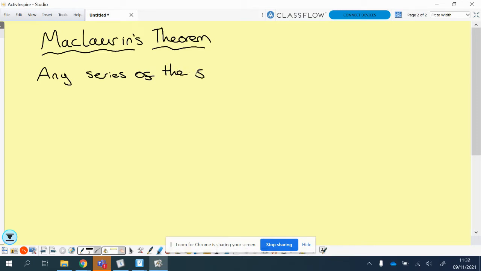of the form a0 plus a1x plus a2x squared plus a3x cubed, continued. Okay, so then you'd have the x power 4 term and the power 5 term.